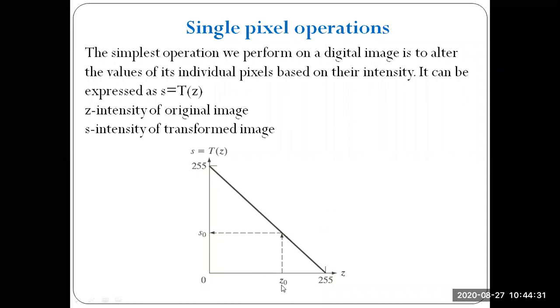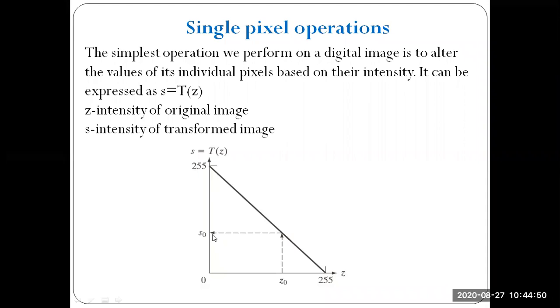Suppose Z0 is my input pixel value, the corresponding output is S0. Remember, if Z0 is 10, S0 may not be 10, it may be 20 or 30, depending upon your scaling.